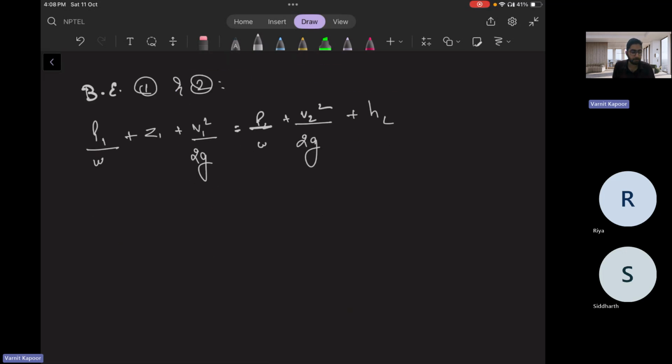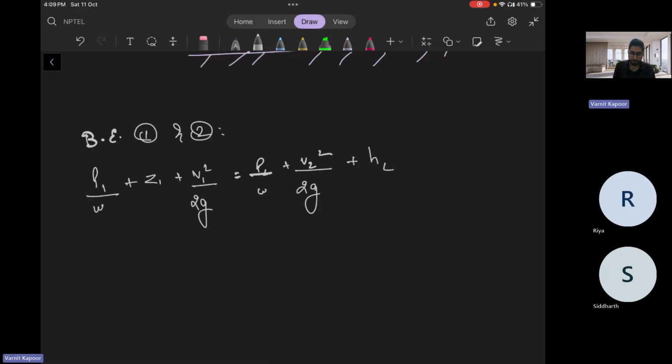If you rearrange them, take the V1 term to the left hand side, you observe that P1 and P2 will be different.